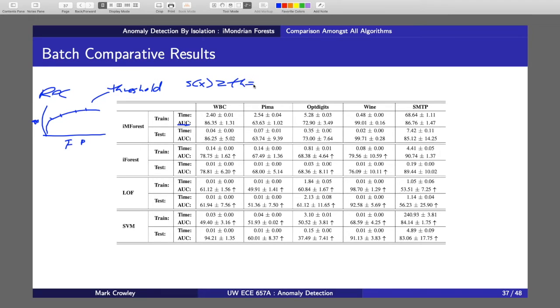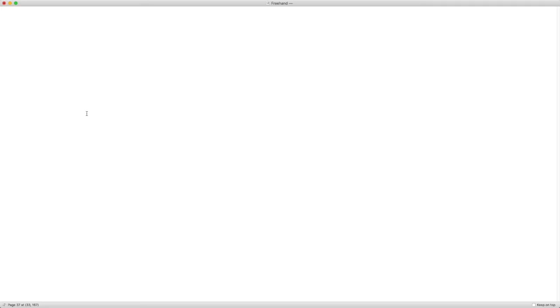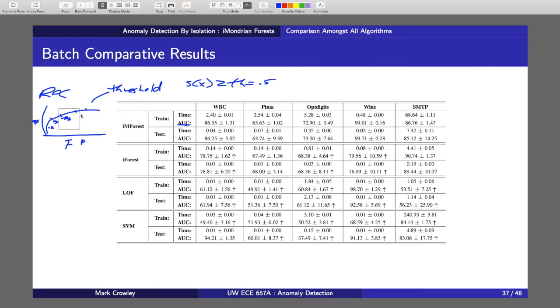And in the case of iForest, we set this threshold to 0.5, but you could range it over all of them, right? So you could have the threshold being 0.2, being 0.3, being 0.35, and ranging through all the values. And then you'd get this curve.